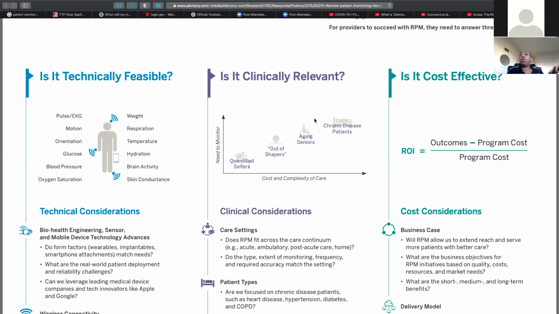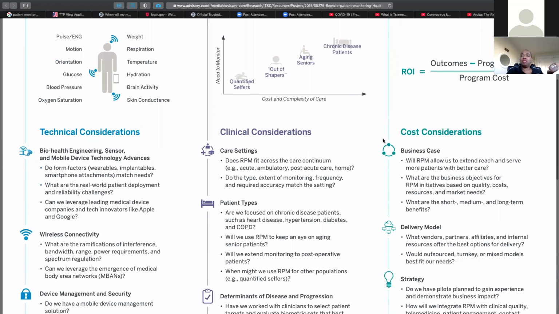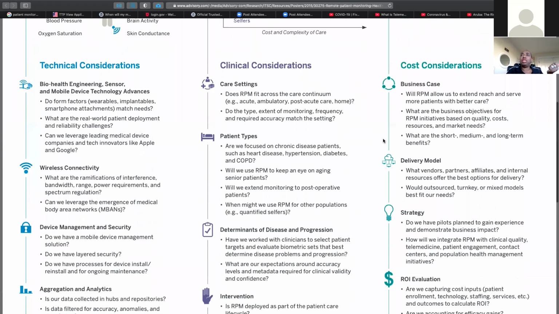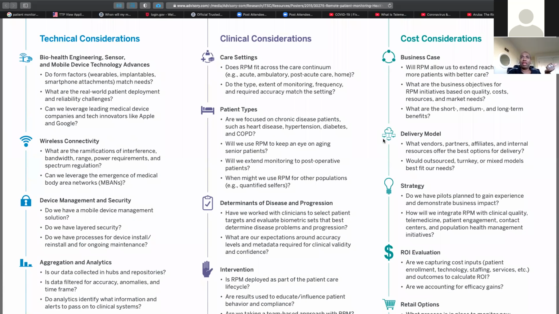Good questions you have to ask yourself: is it feasible, is it clinically relevant, and is it cost effective? There are technical considerations, where you'd bring together your senior level staff to do an analysis and determine, from your IT standpoint, what's feasible for that architecture.